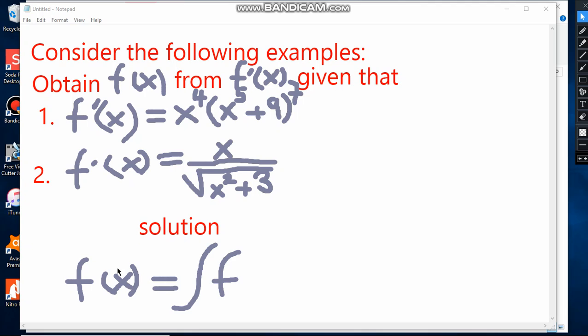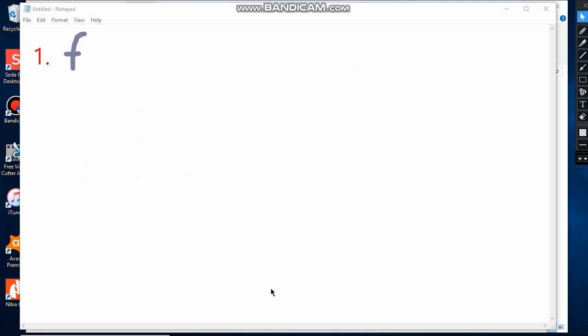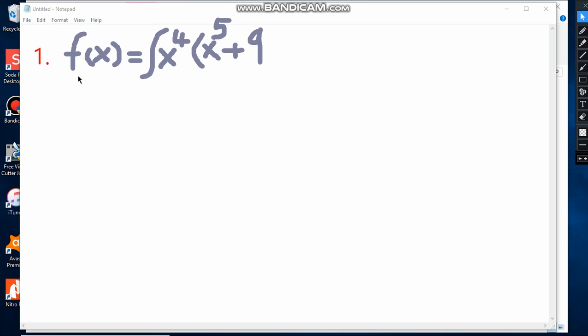We know that in order to get f of x, we must integrate f dash of x with respect to x. From example number 1, f of x is equal to the integral of f dash of x, which is equal to this function, and this function obeys the properties of the expression.